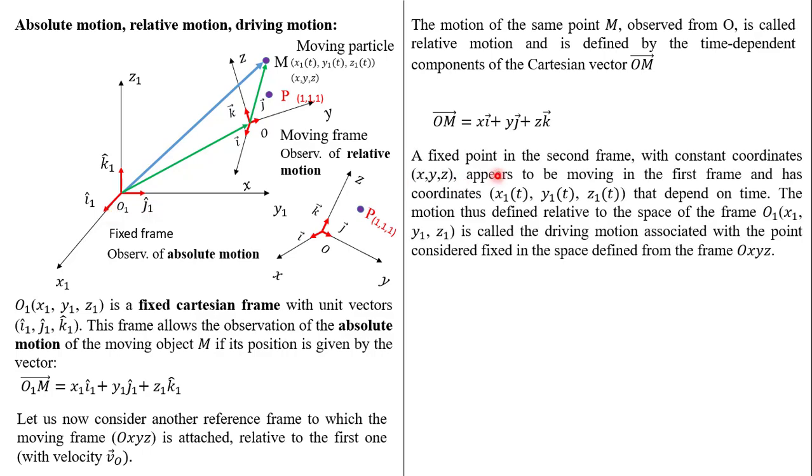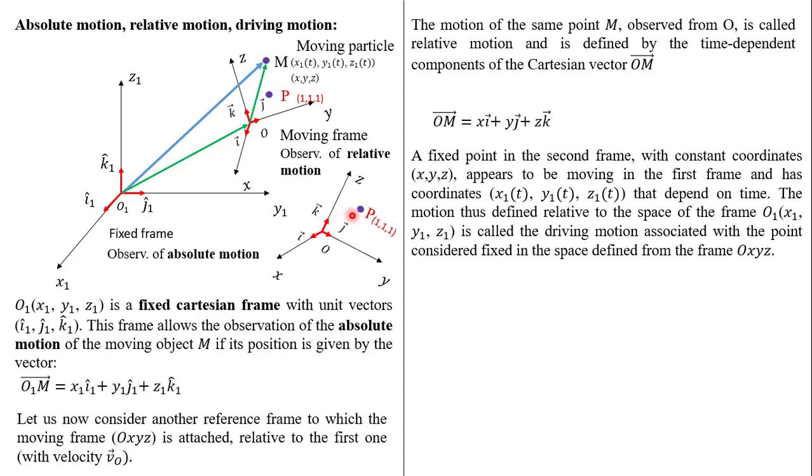So a fixed point in the second frame, as the point P, for example, with constant coordinates x, y, z, appears to be moving in the first frame and has coordinates x1 of t, y1 of t, z1 of t. So point P will appear to be moving with respect to O1.